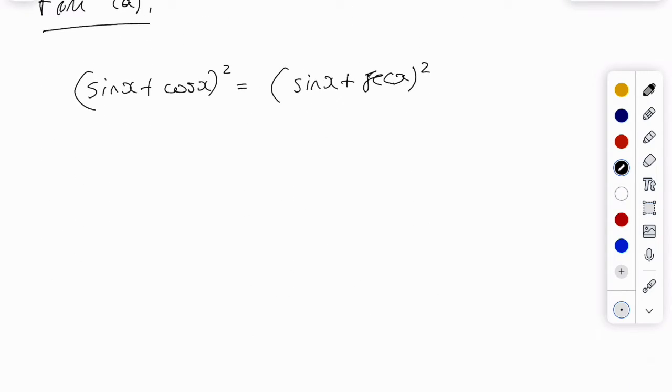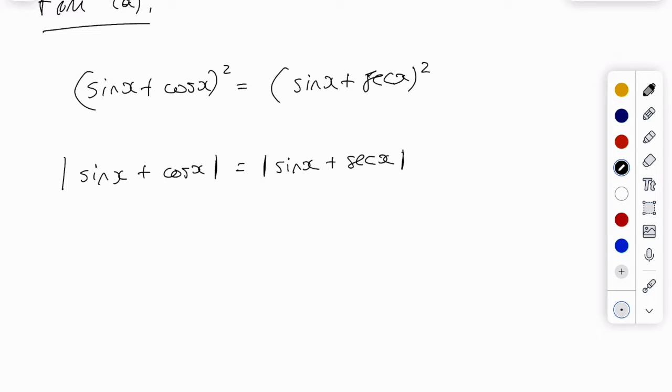Now from here, what do we do? Well, we need to ask what this equation is actually telling us. It's telling us that the square of sine x plus cos x is the same as the square of sine x plus sec x, which therefore tells me that the absolute value of sine x plus cos x is going to equal the absolute value of sine x plus sec x.